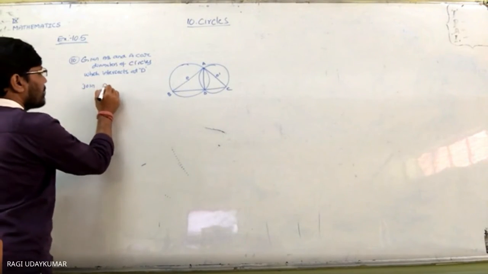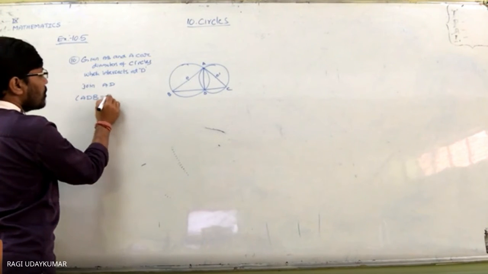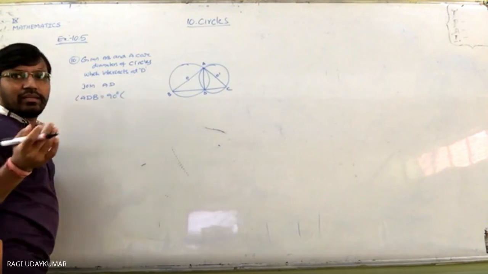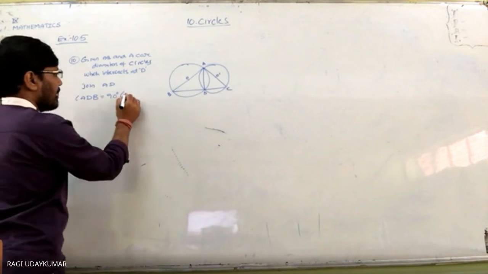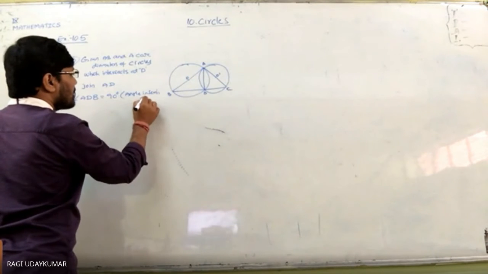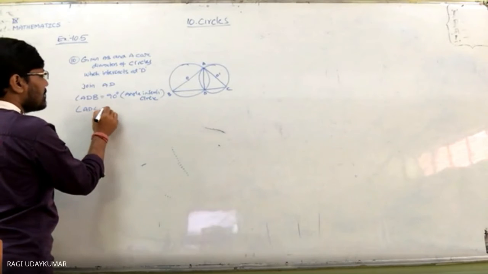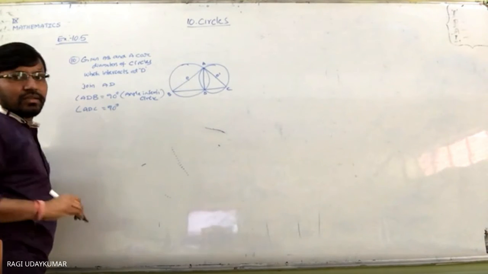So what do you get here? Angle ADB is equal to 90 degrees. Wait, angle in a semicircle. Same, angle in a semicircle, you get angle ABC is also equal to 90 degrees.